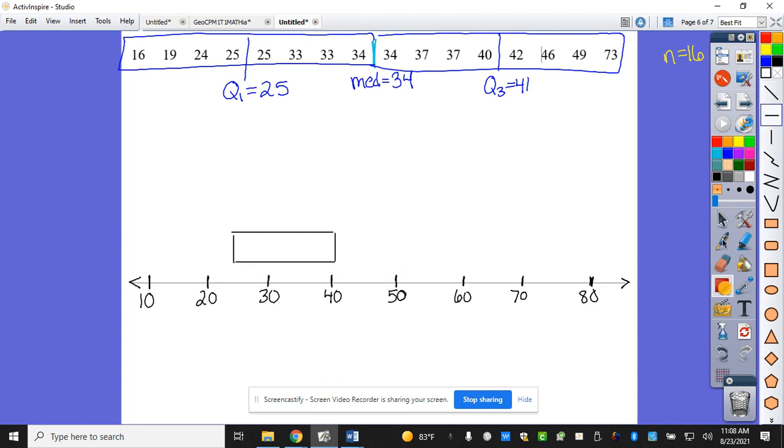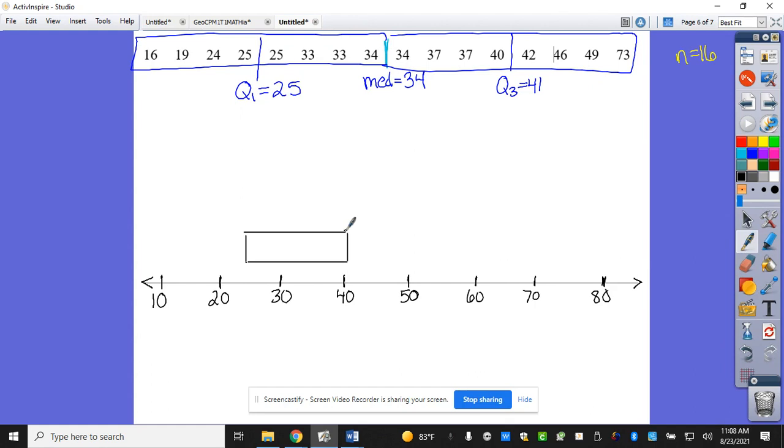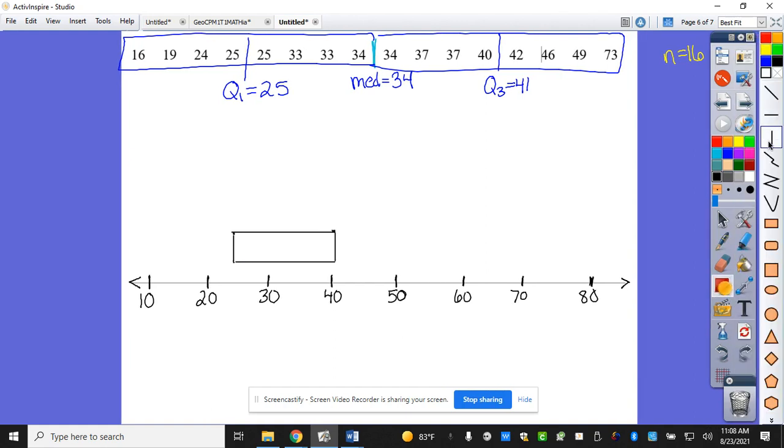So that's the box, that's the core, the middle 50%. Then we have one more vertical line, which is our median. So that's the core box. We've got 25% here, 25% here. That's our middle 50%.